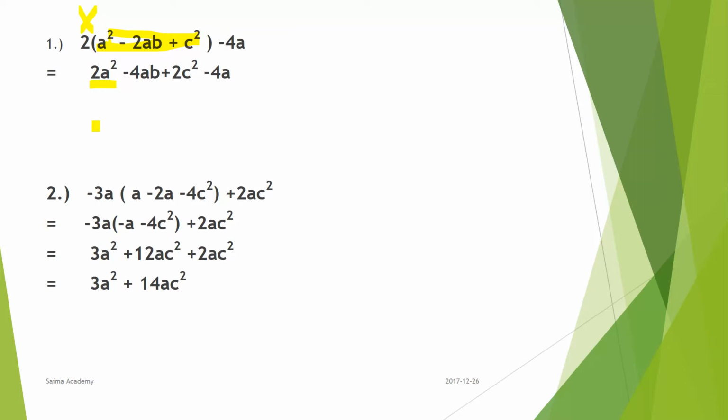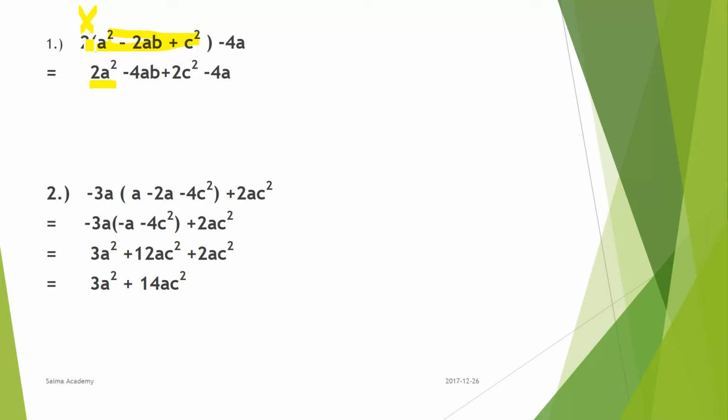And then, if I ask you what is next to multiply, you have to say minus 2ab. Do not say 2ab. In algebra, signs are very important. So you have to say completely minus 2ab multiplied by 2. So it will be minus 4ab, and then plus 2c square.